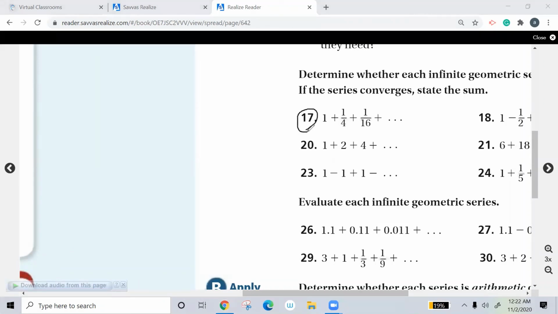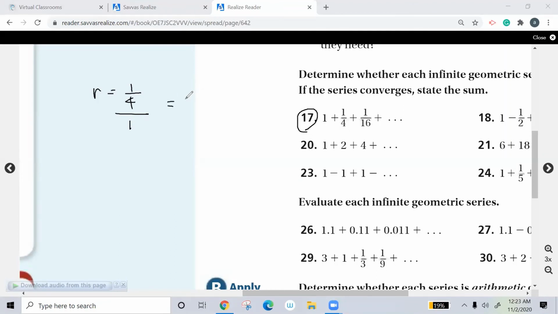Let's try to answer number 17. We have 1 plus 1 over 4 plus 1 over 16. So we need to find the sum if the series converges. First, we need to know if this converges or diverges. So again, R equals the second number, which is 1 over 4, divided by the first term.